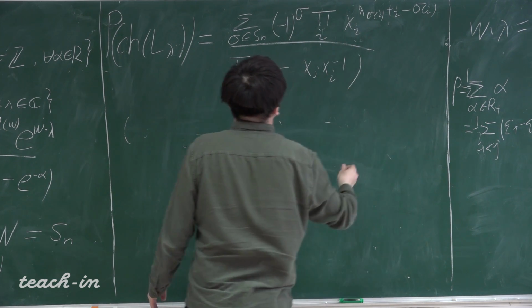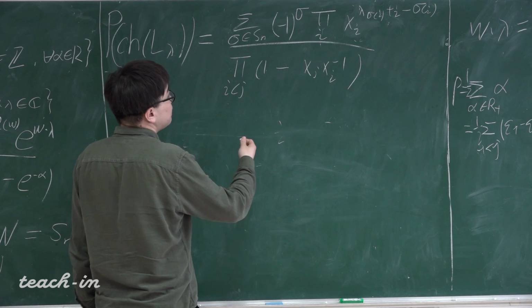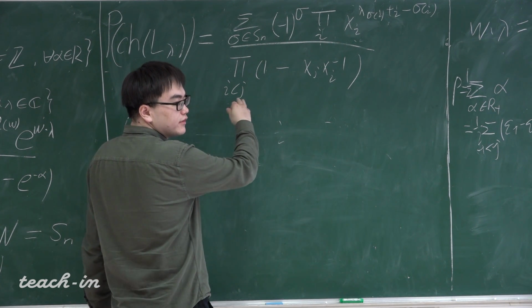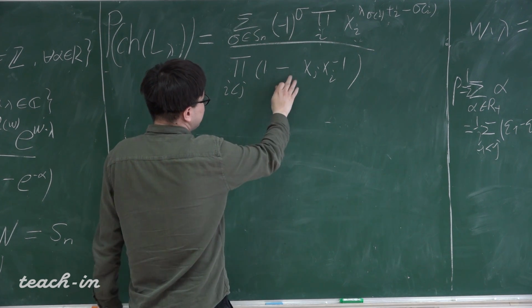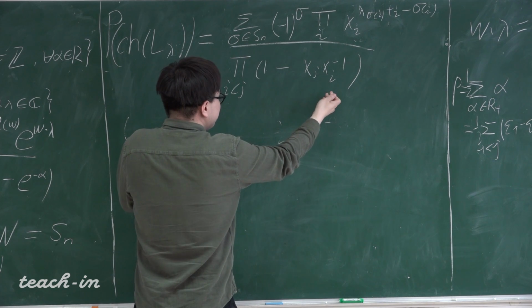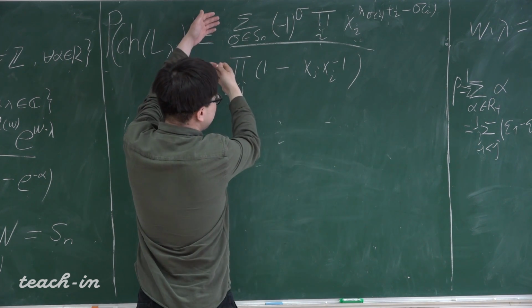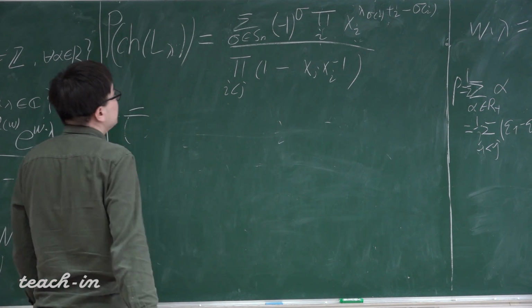Because in the Weyl character formula we have the Weyl denominator, which determines this side. This looks the same, but we need to multiply by something here. So we do it in the next step.